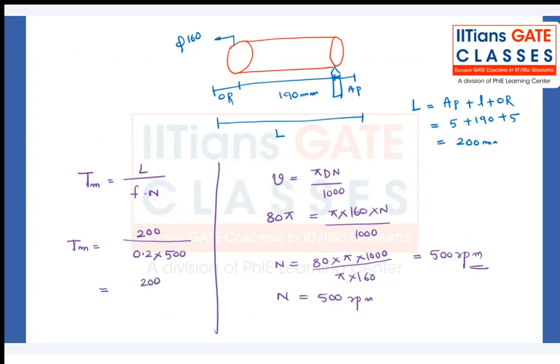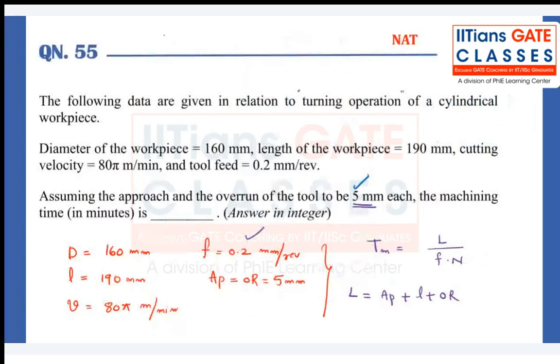So 200 is divided by 0.2 into 500, which is 0.2 into 500 equals 100, and it is going to be 2 minutes. Machining time is equal to 2 minutes. Hope you understand, guys.